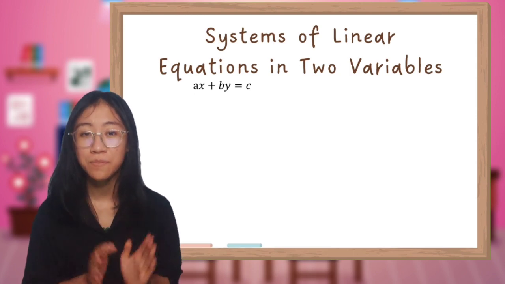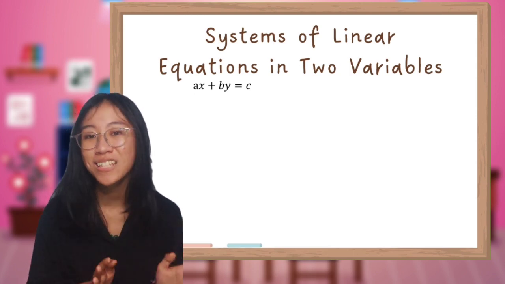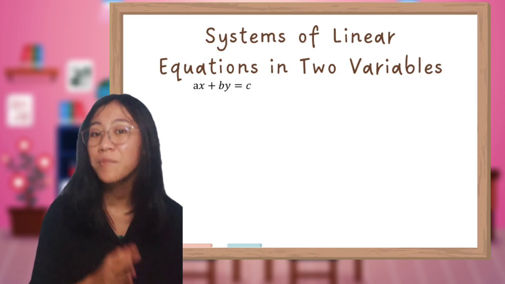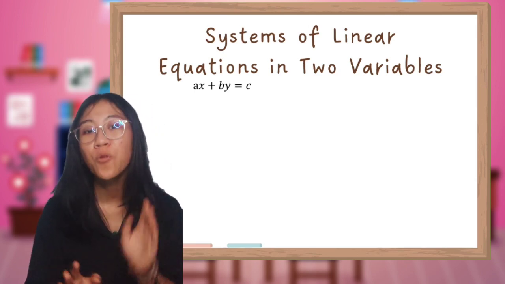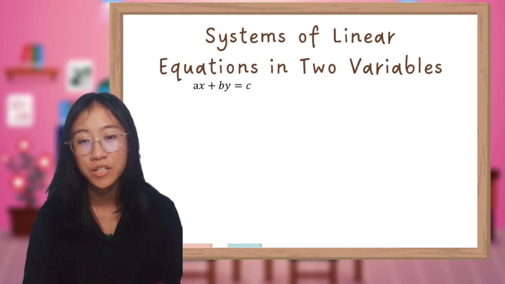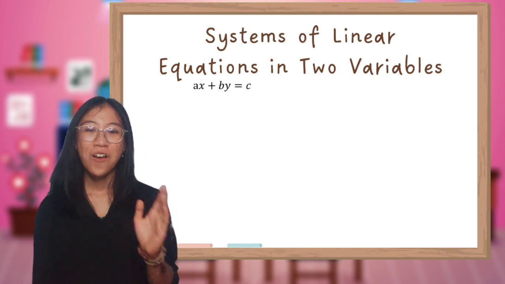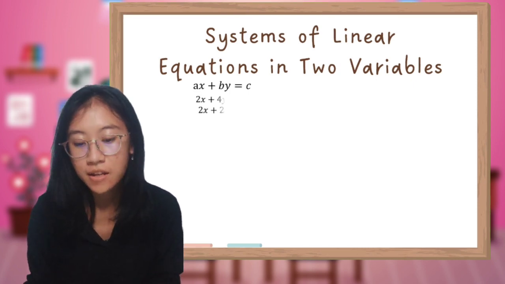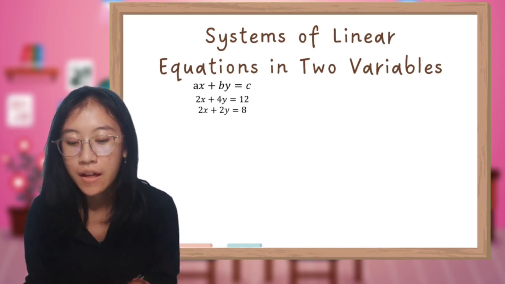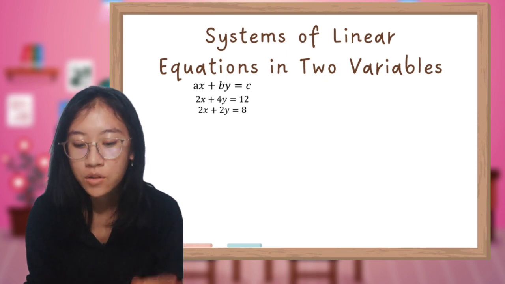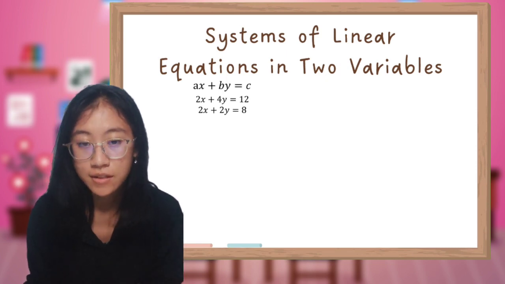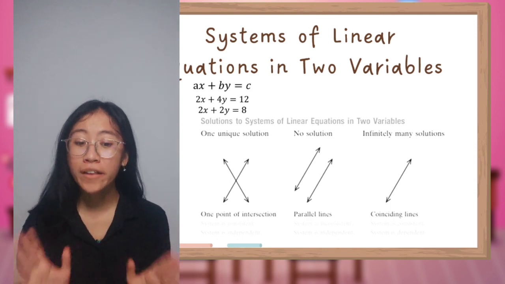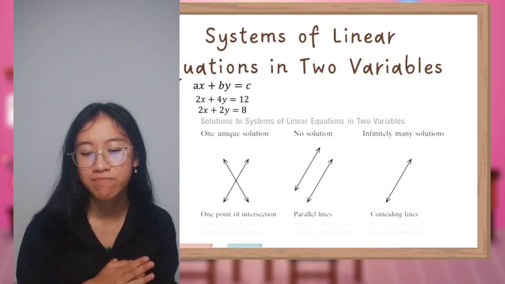The substitution method works by replacing one variable with the variable from the other equation, while the elimination method works by removing one of the variables in the equations. For this example, 2x plus 4y equals 12 and 2x plus 2y equals 8. Okay, what are the x and y values?